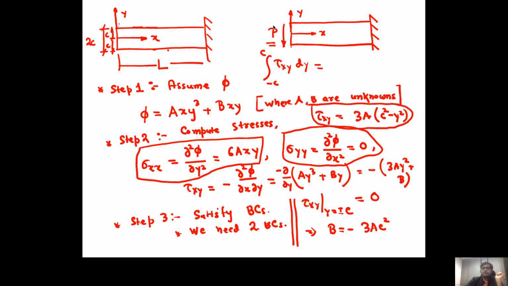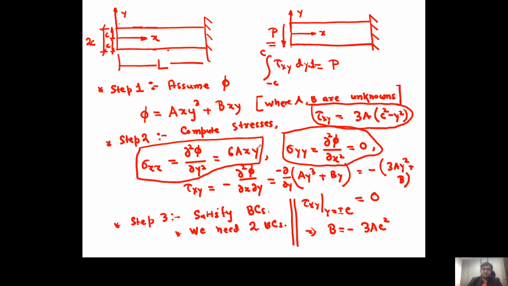This should be equal to the force that is acting on that surface. Why is this true? Because we are considering that the depth going inside your screen is 1, so this is actually dy times 1 that we are doing. Let us go to the next slide and continue.